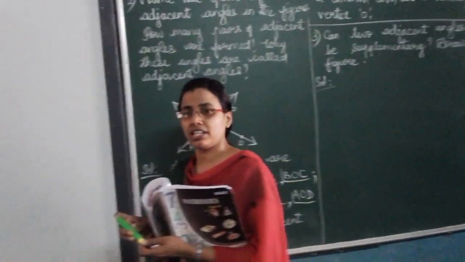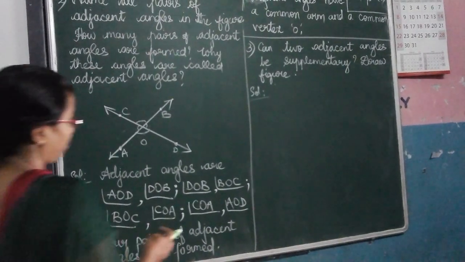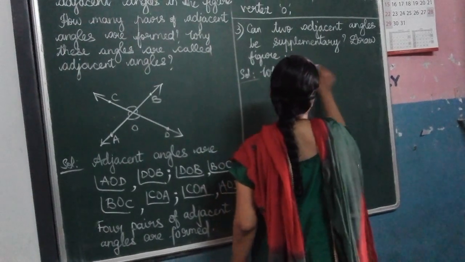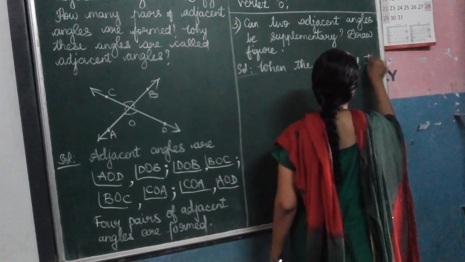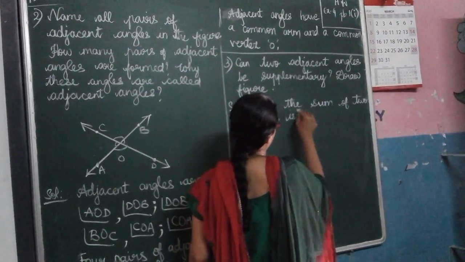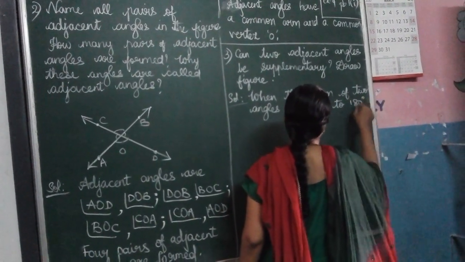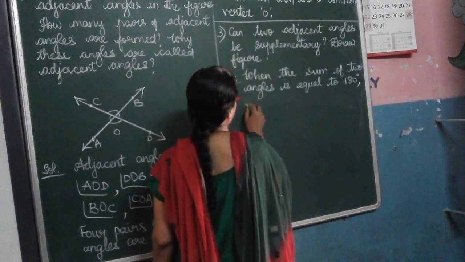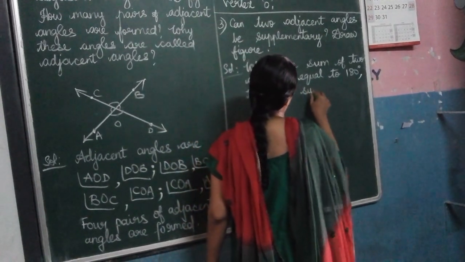Supplementary angles. What is the meaning of supplementary angles? When the sum of two angles is equal to 180 degrees, they are supplementary angles.